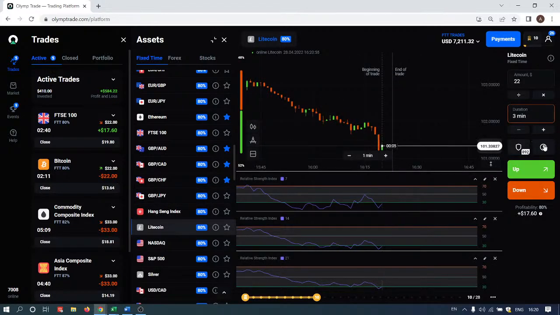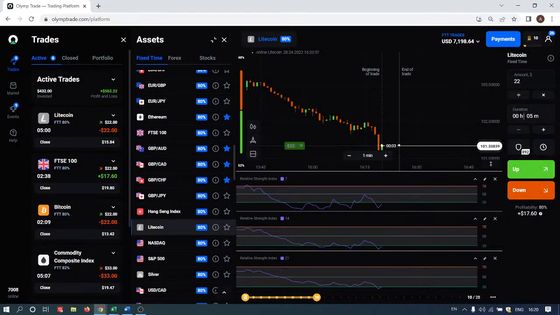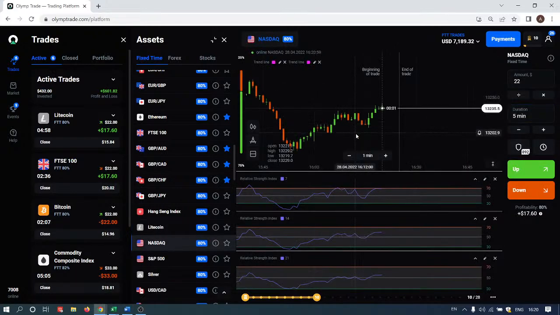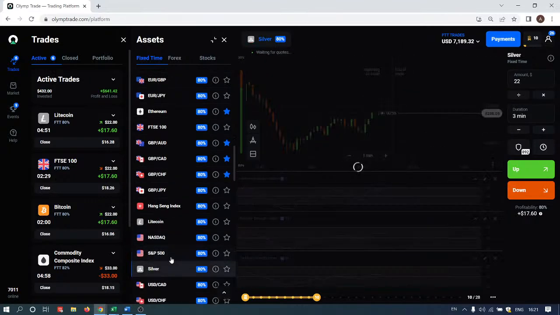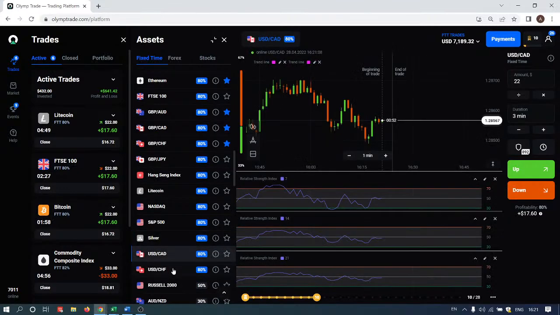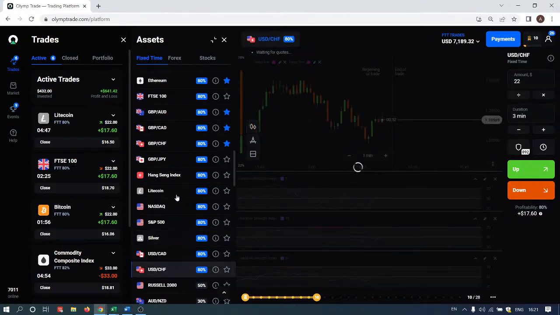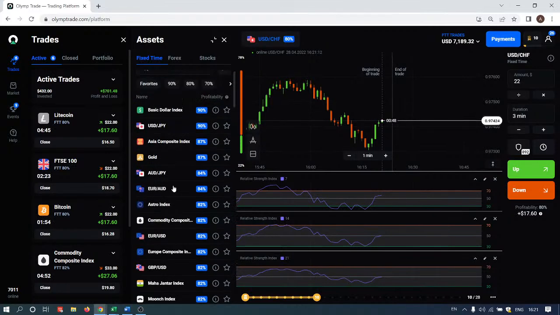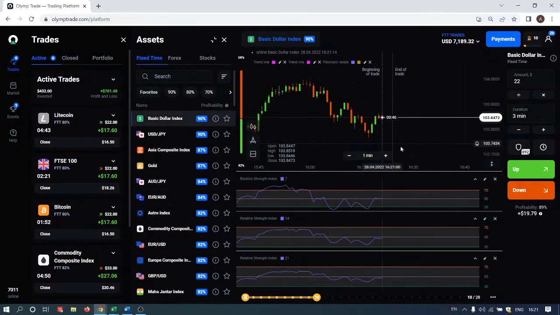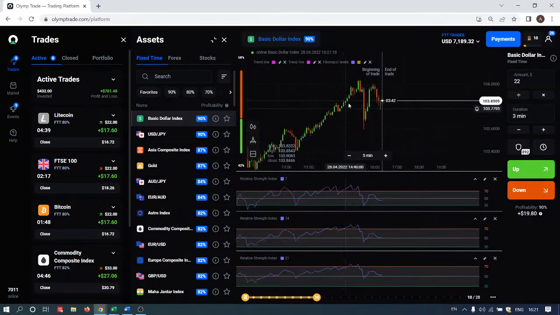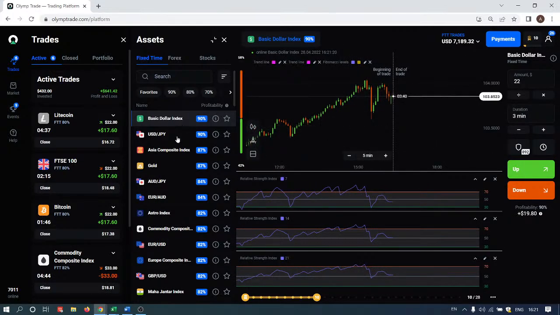Oh, Litecoin. All right, let's try. Even though I can't open a trade with a duration of 3 minutes here on Litecoin, I will switch to 5 minutes. That's fine, because on some assets we have a different expiration time. So I'm switching to 5 minute trades.